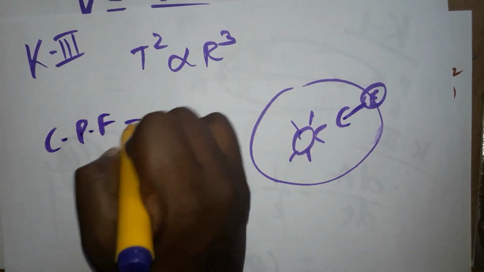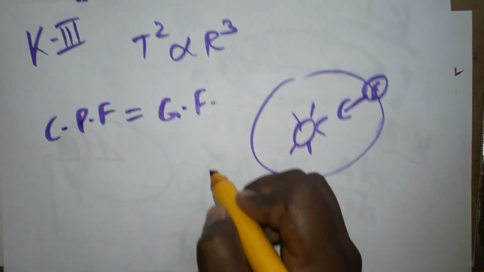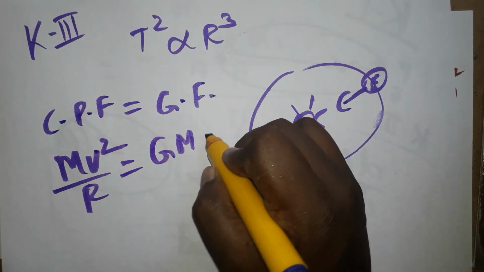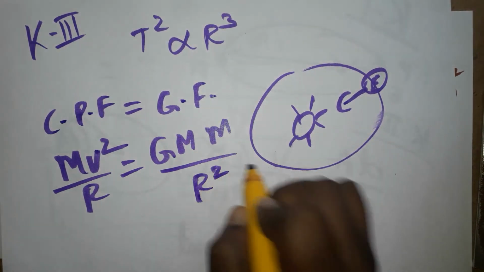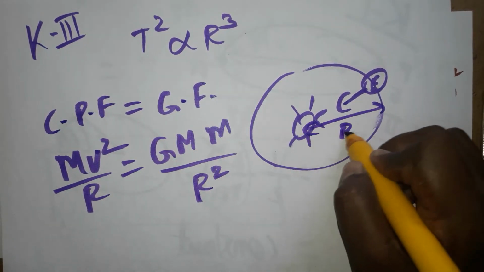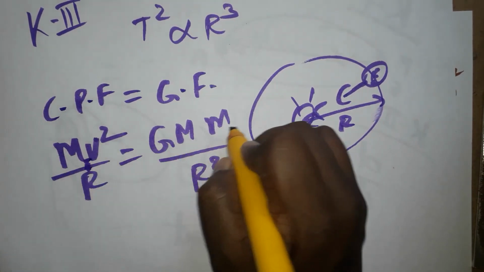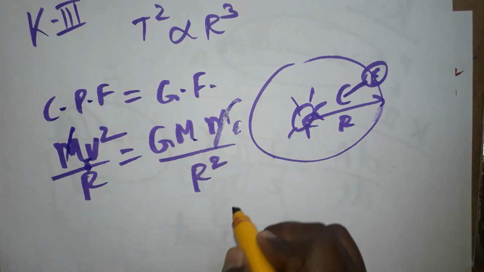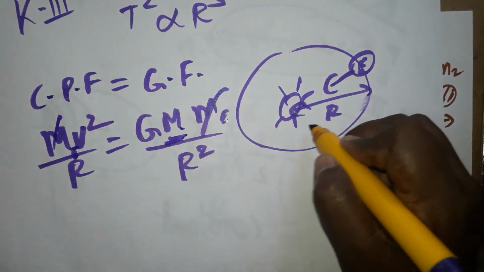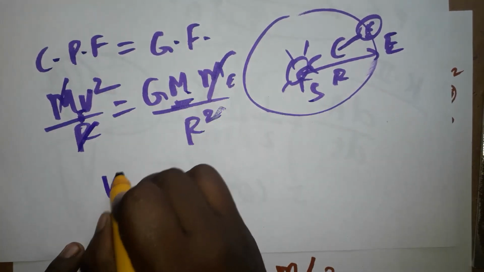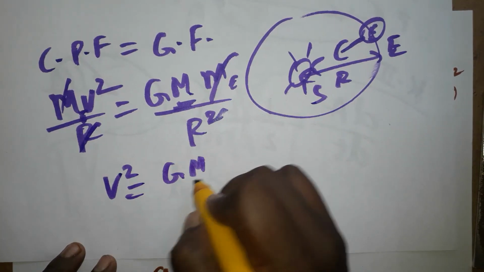Centripetal force is mv square by r, and gravitation force is G times M divided by r square, where r is the orbital radius. The mass of the earth gets cancelled. This is the mass of the sun, so two masses are there, one the sun's mass and another the earth's mass. So r gets cancelled, and v square is equal to G times M divided by r.